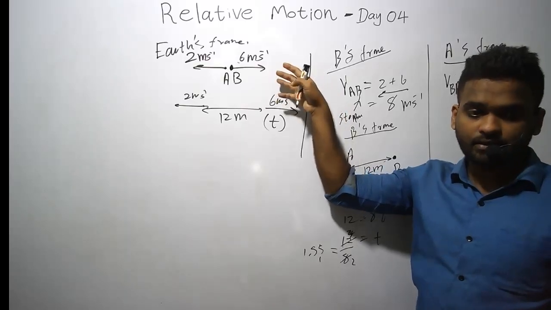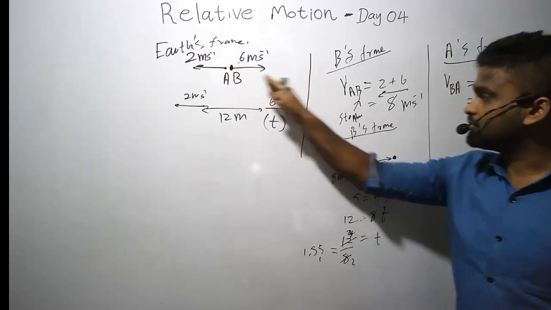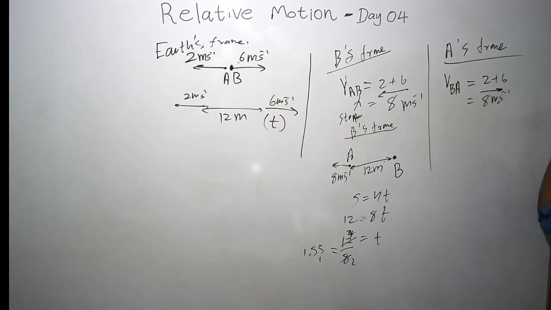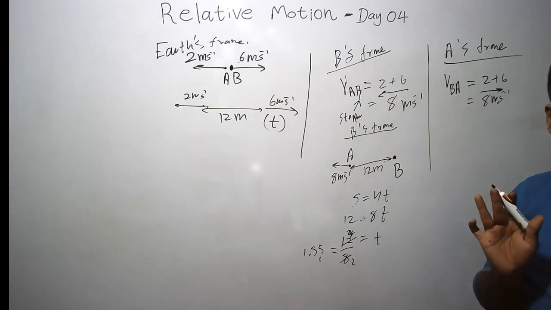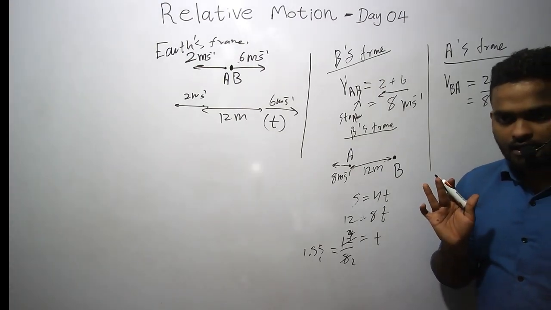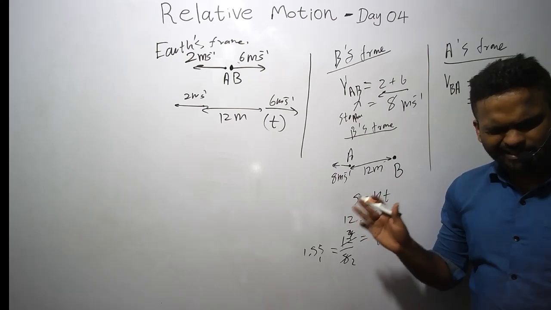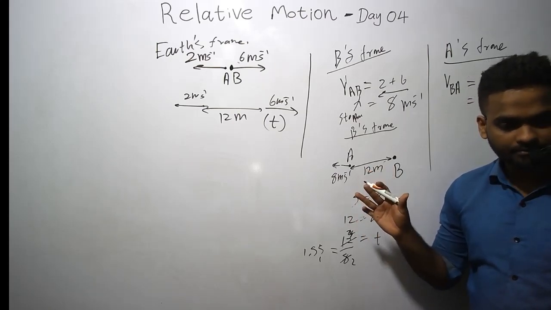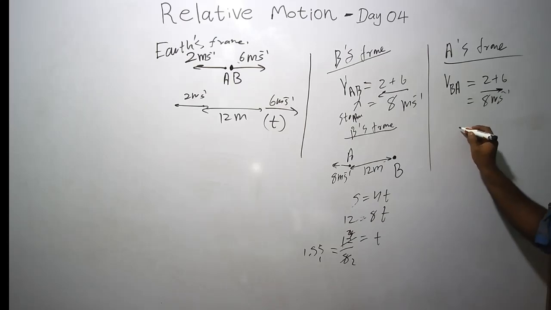So that's the relative velocity. So relative to A, velocity of B is to this side. Got it? Now we have the velocity of B relative to A. I'll just draw that.